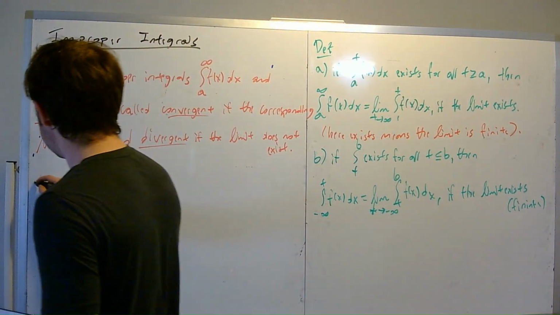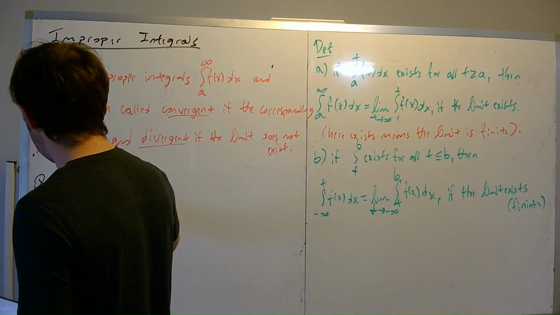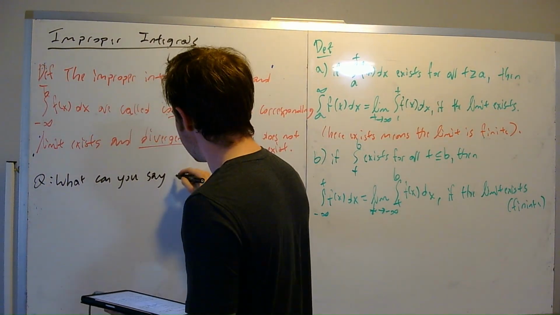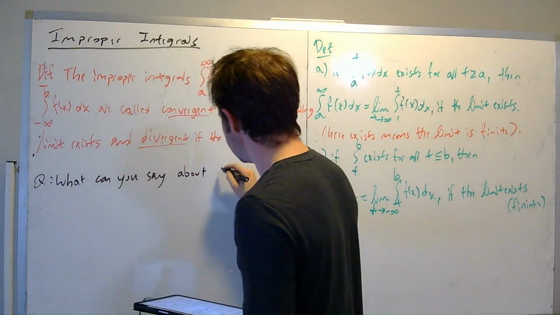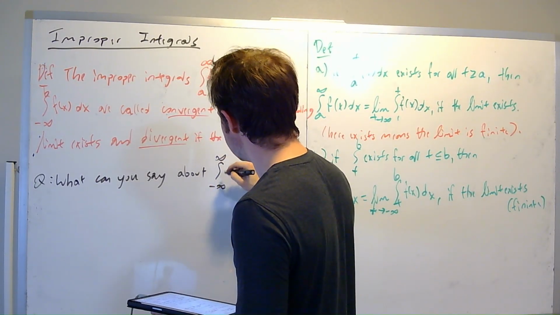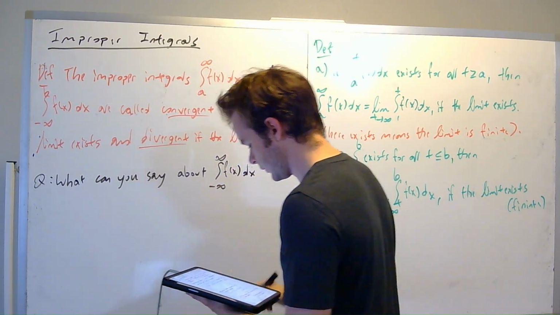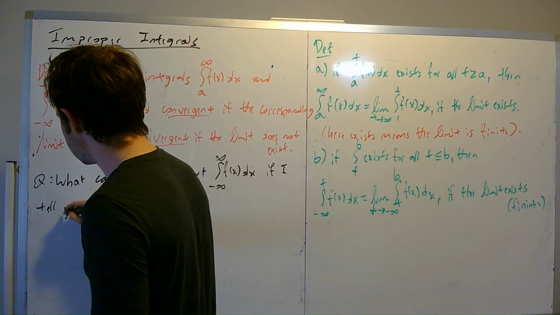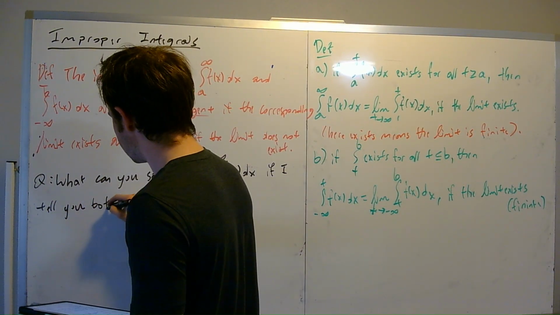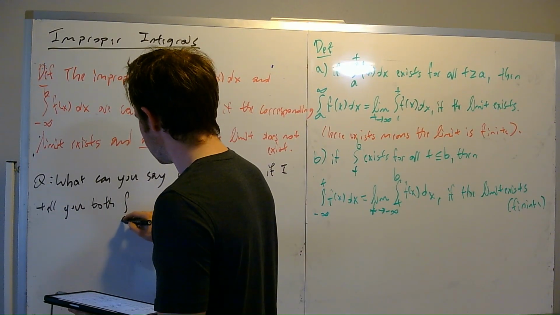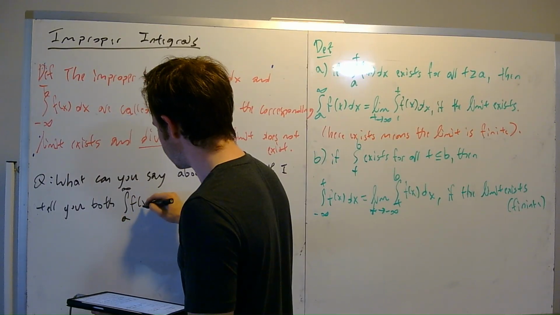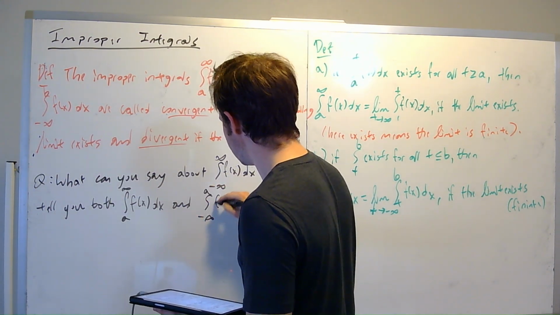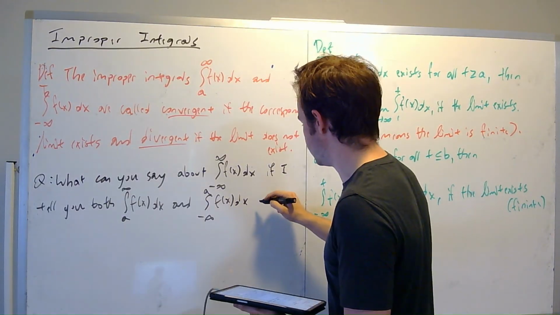So our question here is going to be, what can you say about the integral from negative infinity to infinity of f of x dx if I tell you both the integral from a to infinity of f of x dx and the integral from negative infinity to a of f of x dx are convergent.